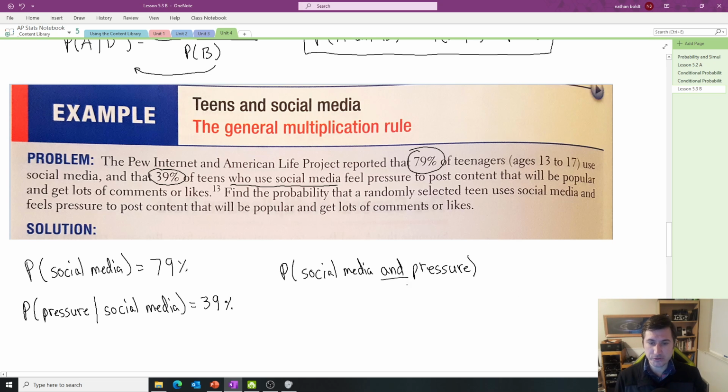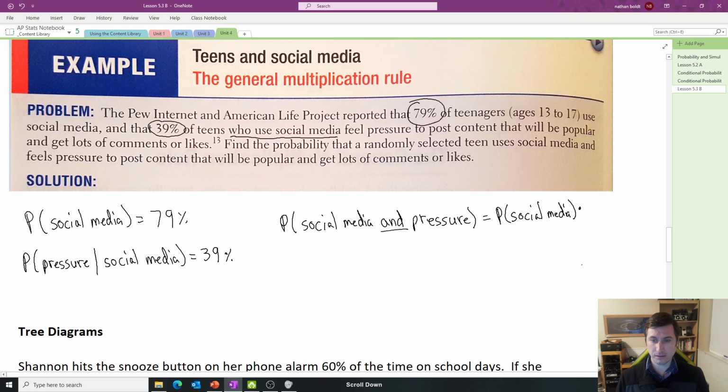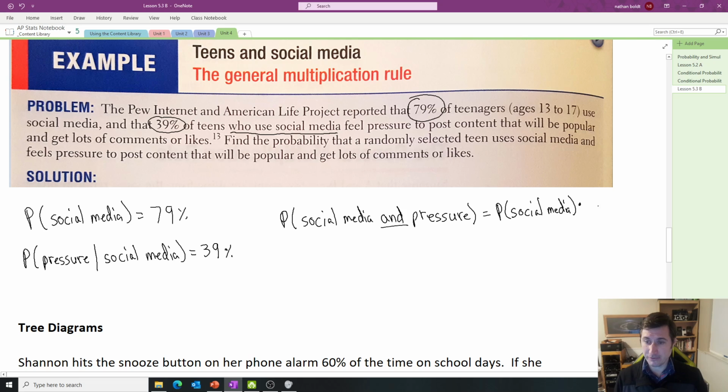All right, so we're going to use our AND formula. That is going to equal the probability of social media times the probability of pressure given social media.